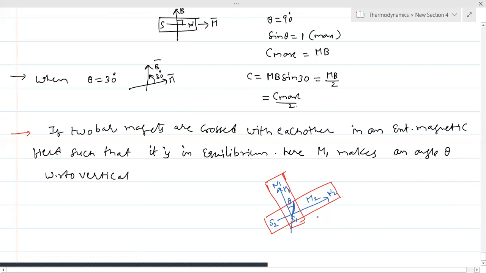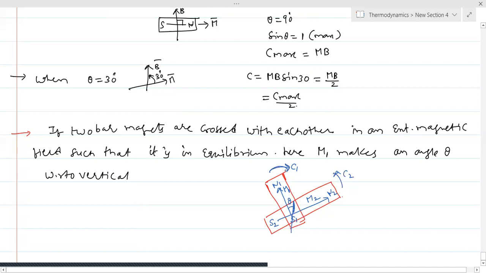Then according to Ampere's right-hand thumb rule, we will find that this is the couple direction C1, and this is the C2 direction. You need to start the curl of fingers of your right hand from M bar and end at B bar. In this way we count the angles.